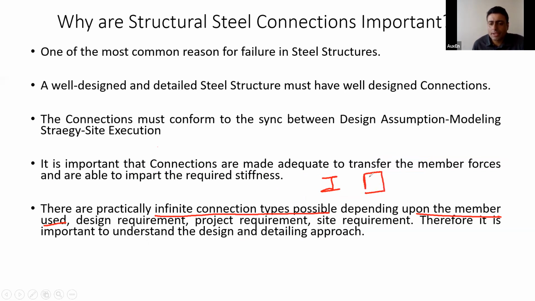If you have a hollow section column and hollow section beam, your connection type is different. If you're using a circular pipe, your connection type may be different. It may happen that you are using a hollow section for the column and an I section for the beam. So again, the connection type becomes different. Are you getting it? So there are practically limitless possibilities when it comes to the connection types. I hope this point is clear.